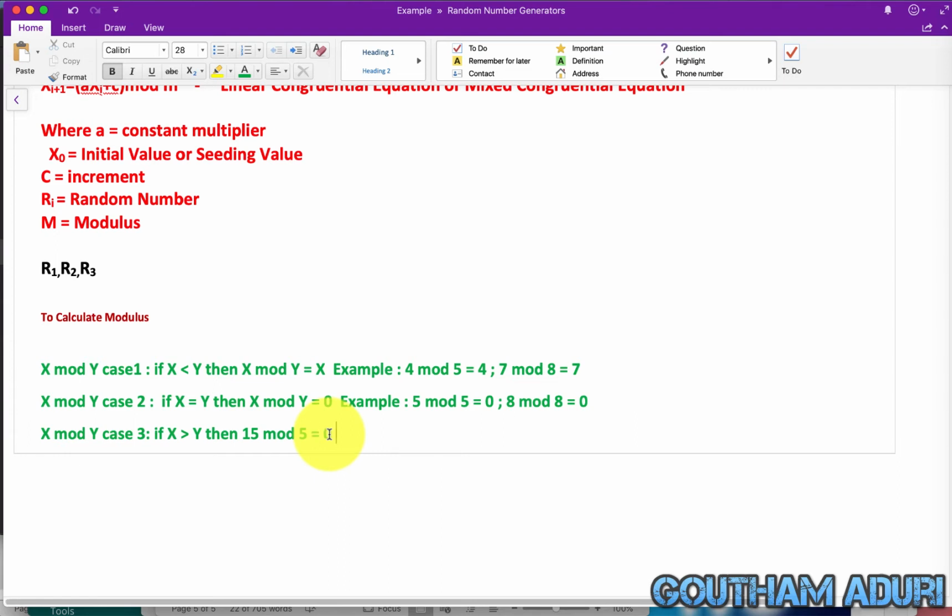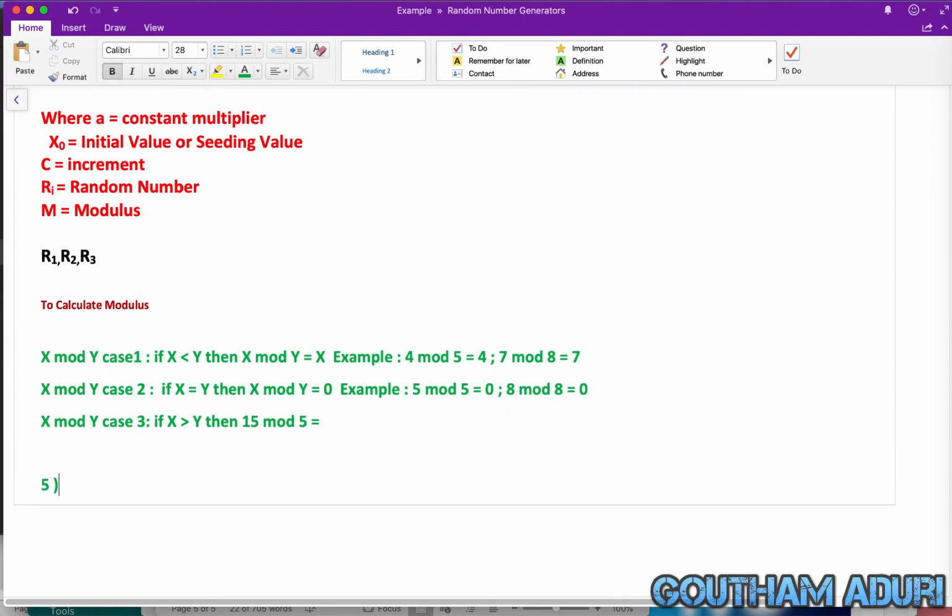So I put 5 outside and 15 inside, and I do the division.